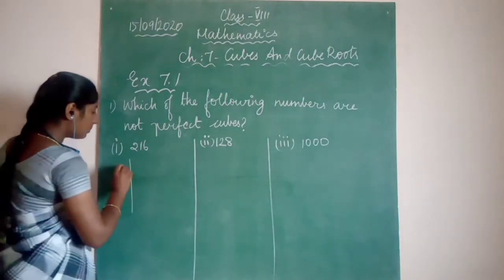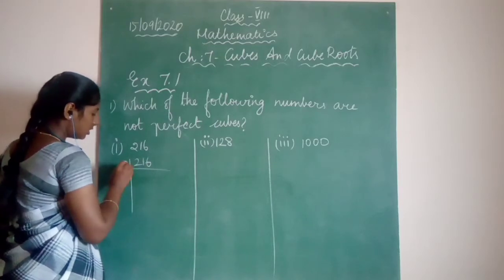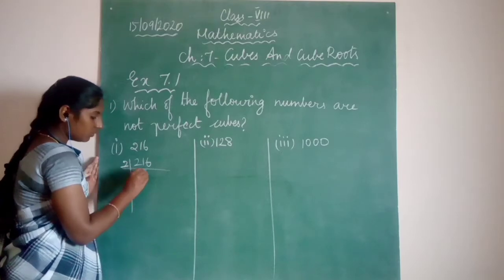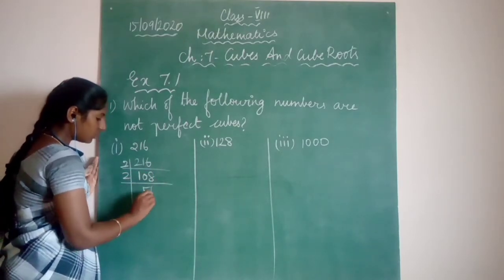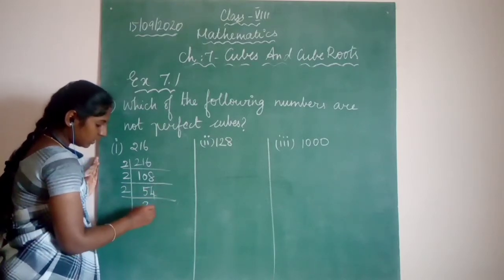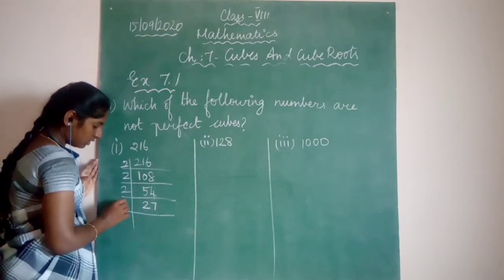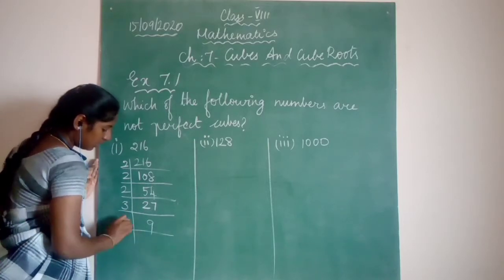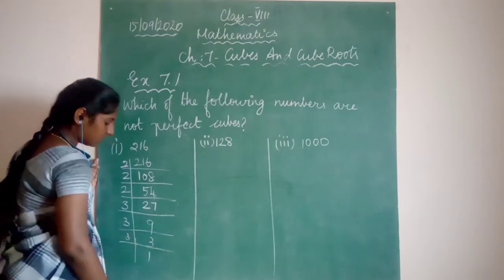Now do the prime factorization for 216. It ends with 6, so I start with 2. 2 ones are 2, 2 fours are 8, and so on: 2 54s are, 2 27s are. Then you will have 3 9s are, 3 3s are, and 3 1s are.